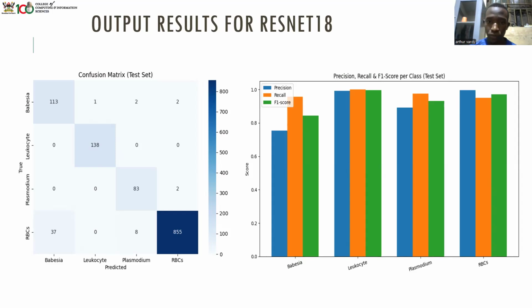And then the F1 score was around 0.78, which is also a good figure. Then the leukocyte and the red blood cells almost had the same range, since both of them were composed of the negative images, which were totally free of Babesia.